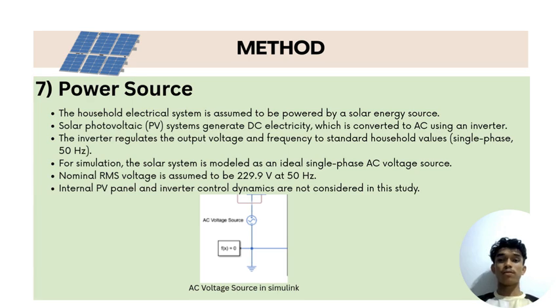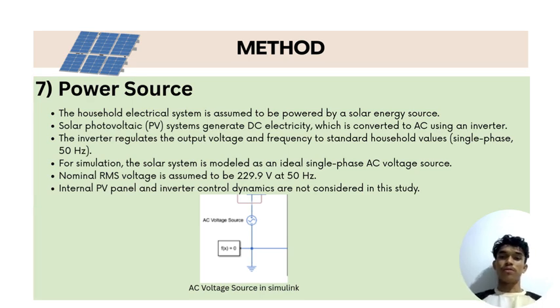For the last one, which is the power source, the household electrical system is assumed to be powered by a solar energy source. The solar photovoltaic PV system generates DC electricity which is converted to AC using the inverter. The inverter regulates the output voltage and frequency to standard household values, single phase 50 Hz.